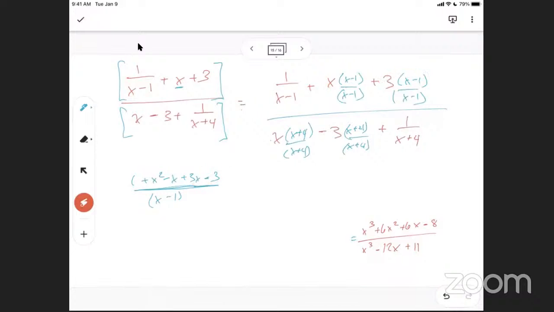And do the same thing in the denominator. The denominator is going to have an x plus 4 in it. This first thing is going to be an x squared plus 4x. This next one's going to be minus 3x minus 12. And this last thing is just going to be a plus 1. Okay, so let's simplify this now.